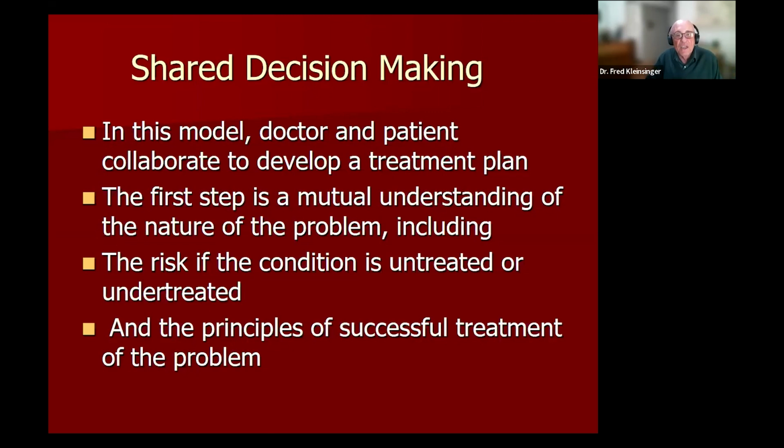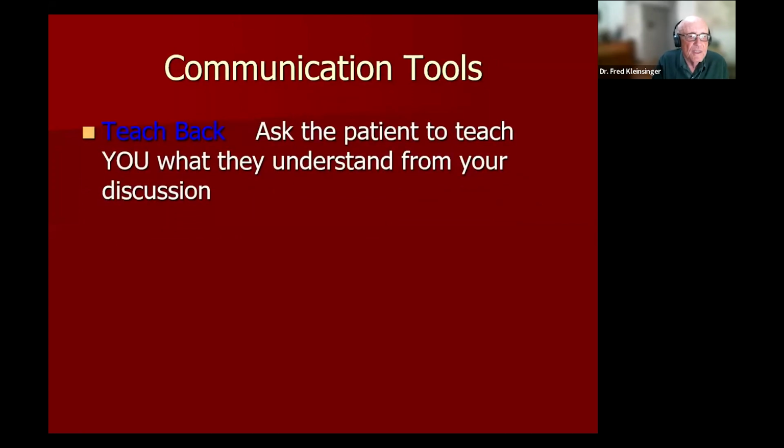So we want to use shared decision making, and that means patients get a choice, and we're going to talk about that, about what to do first, et cetera. Not just you need to do this, but here's some of the possibilities, here's why it's important, what would you like to try?